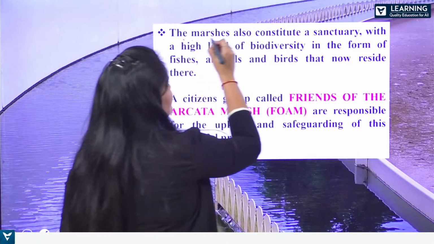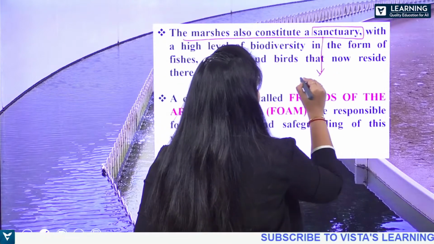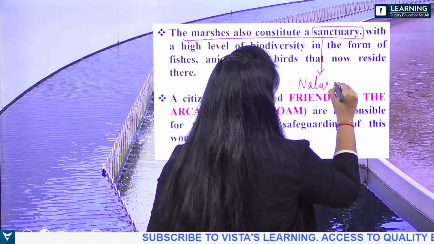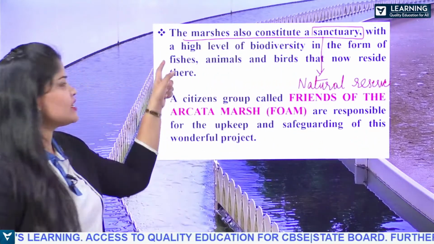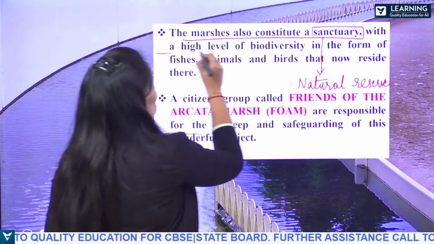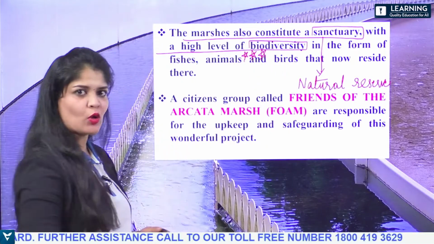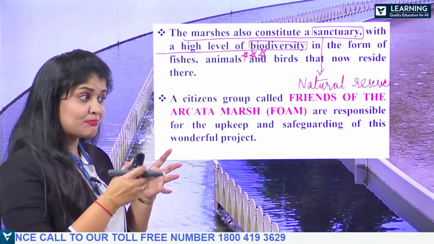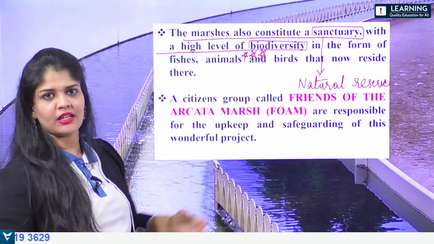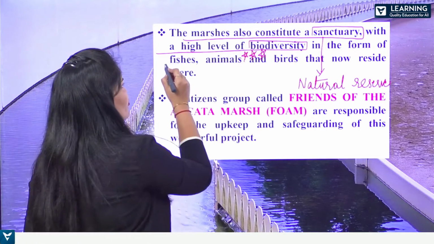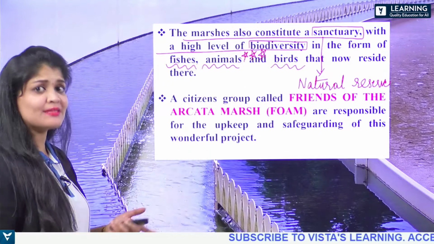The marshes also constitute a sanctuary, that is a natural reserve with a very high level of biodiversity. So not only is our water getting purified, but these marshes are also providing a wonderful habitat, which finally leads to an increase in biodiversity. Biodiversity in the form of fishes, animals, birds that now reside here, in the marshlands.